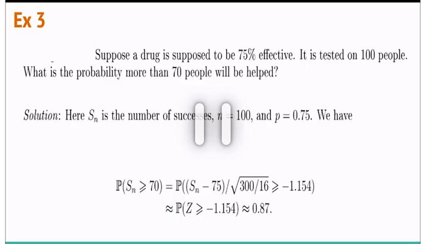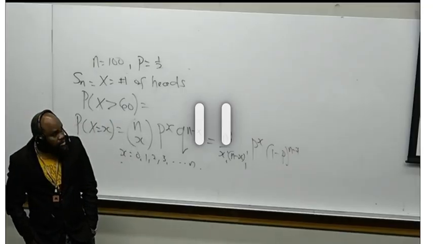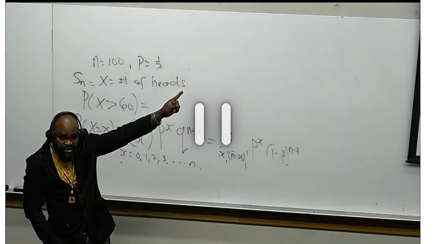Now, what we need to do again is identify what our parameters are, n and p. We know n equals 100 here and p equals 0.75. The 0.75 is coming from the 75%.